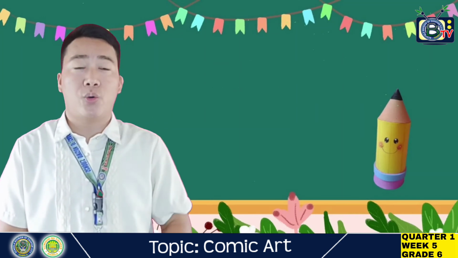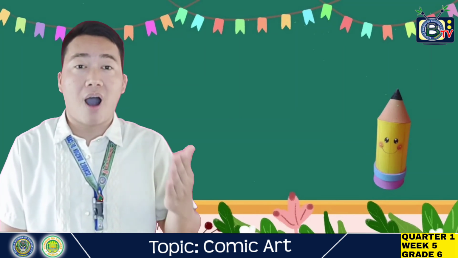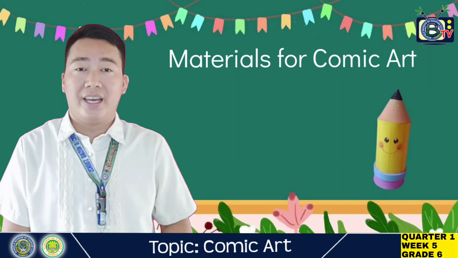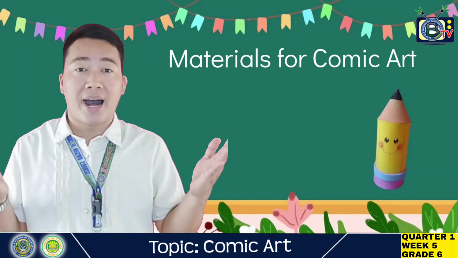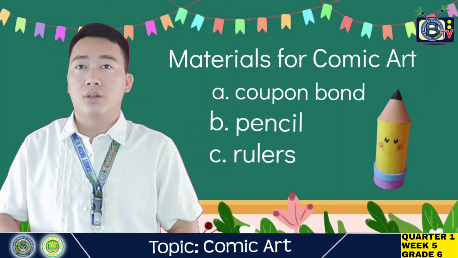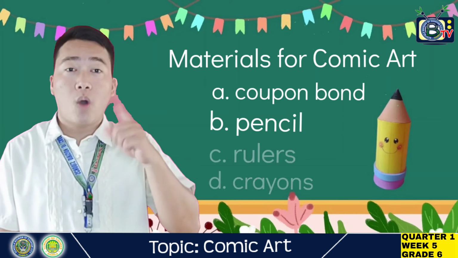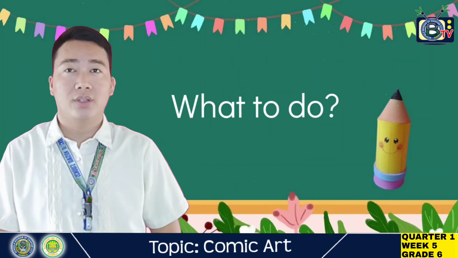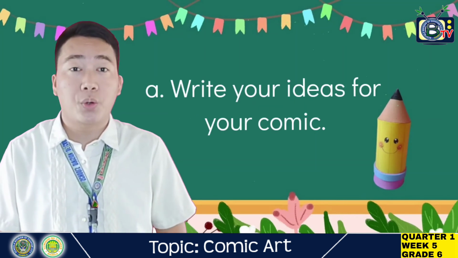To apply what you have learned, let's make your own comic art. Here are the materials needed: cotton band, pencil, ruler, and crayons. What to do? A. Write ideas for your comic.